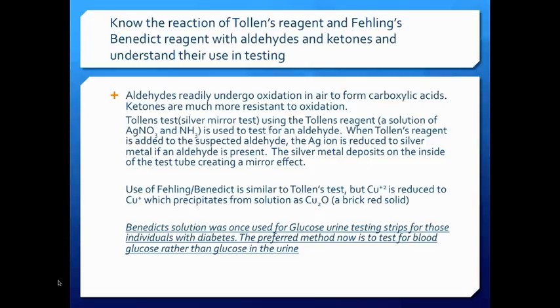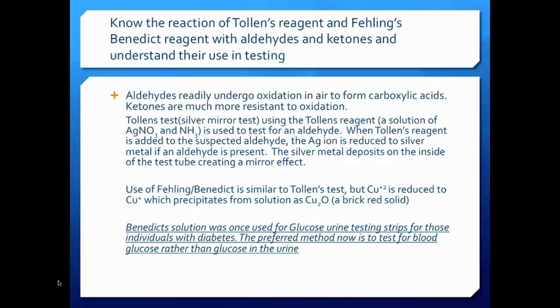The use of Fehling's or Benedict's solution is similar to the Tollens' test, but instead of the silver ion, the Cu2+ ion is reduced to Cu+, which precipitates from solution as Cu2O, a brick red solid.